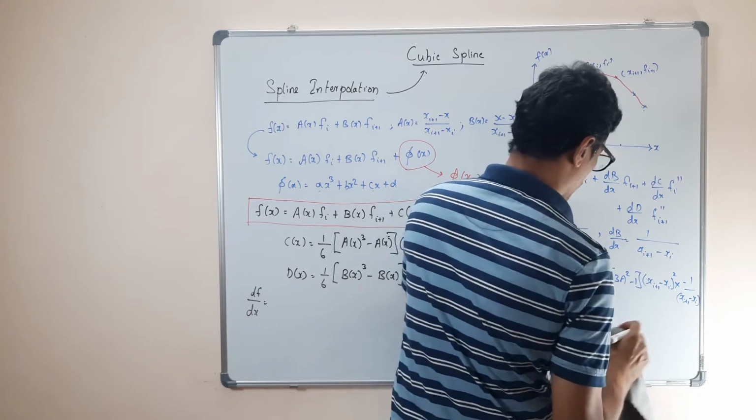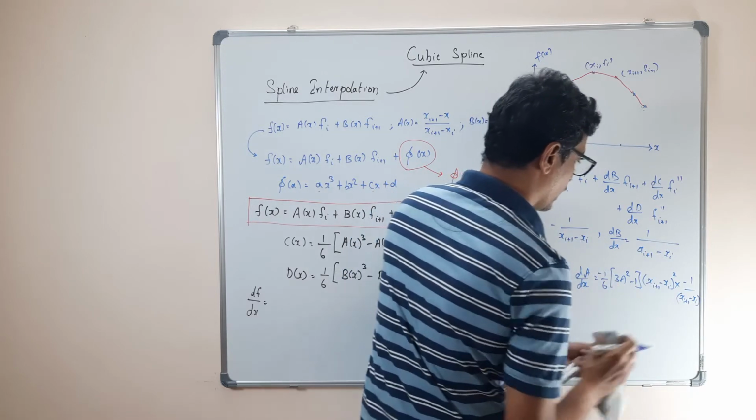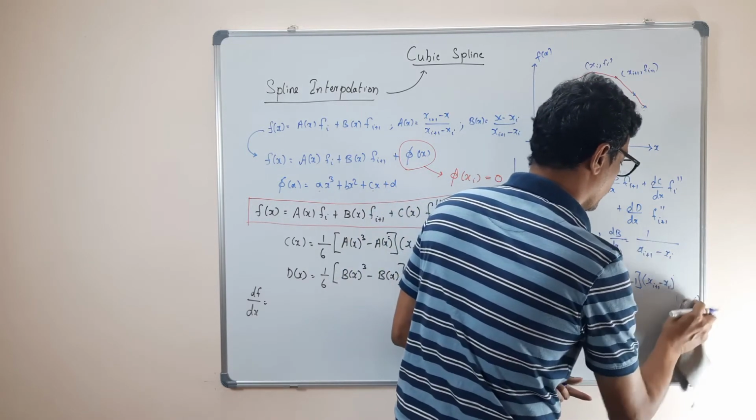So this goes off and you can take the minus outside. The square goes off, and this is what we get.